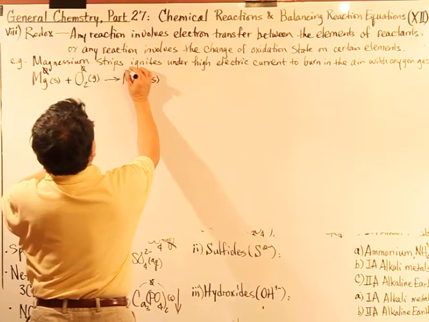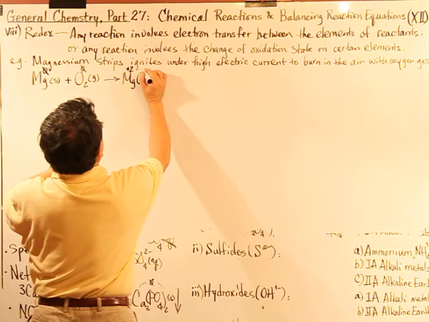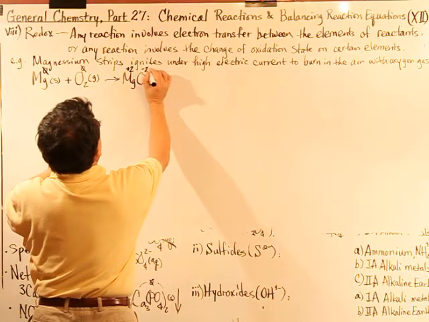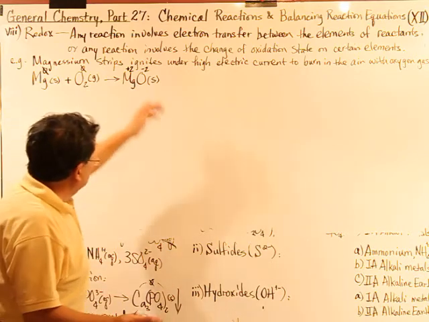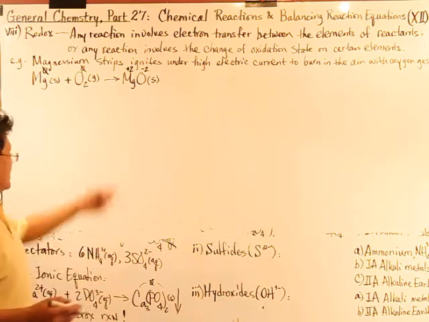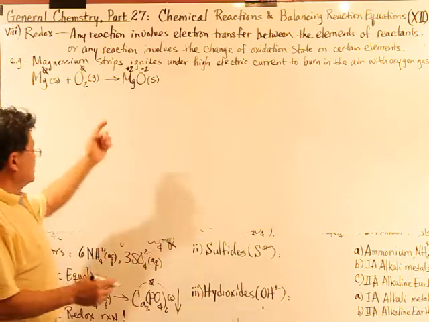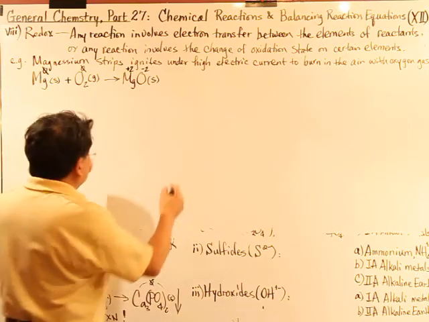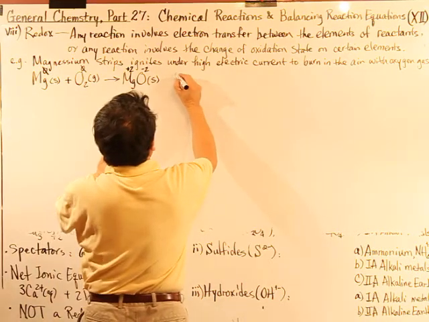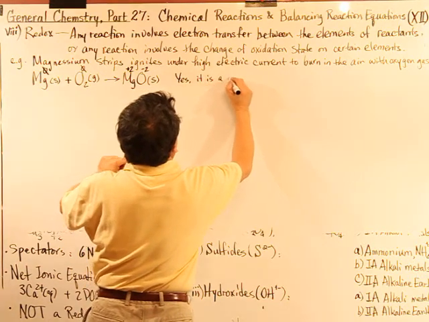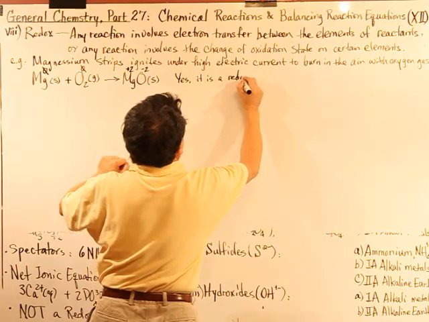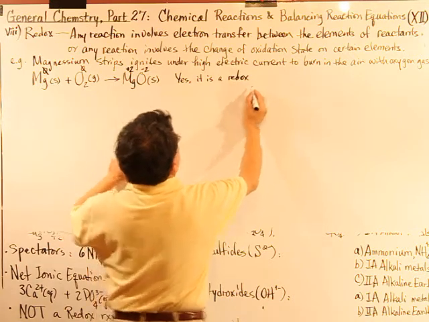So inside it is +2, and then oxygen is always -2, and if it's separated, it's going to be 2 plus and 2 minus. Inside, the oxidation states are going to be +2 and -2. Of course, they become that. So yes, it is a redox reaction.